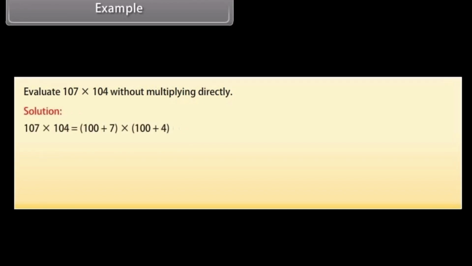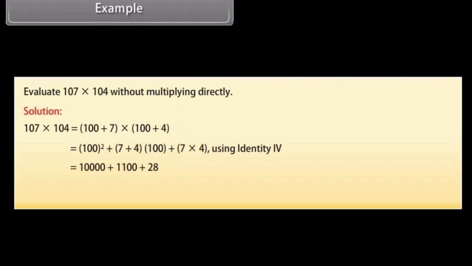Solution. 107 × 104 = (100 + 7)(100 + 4), which equals 100² + (7 + 4) × 100 + 7 × 4 using identity 4, which equals 10,000 + 1,100 + 28, which is equal to 11,128.